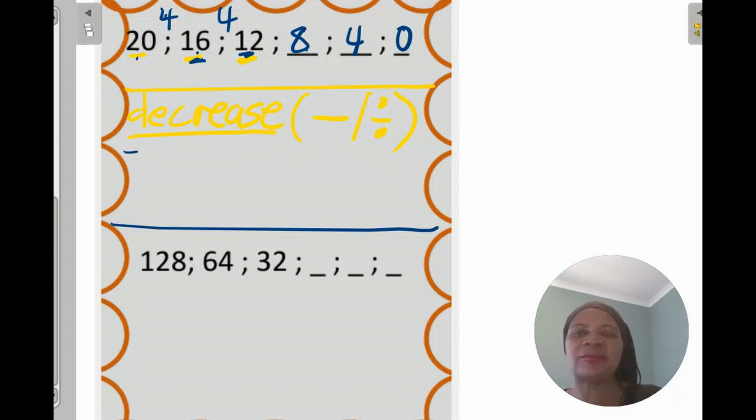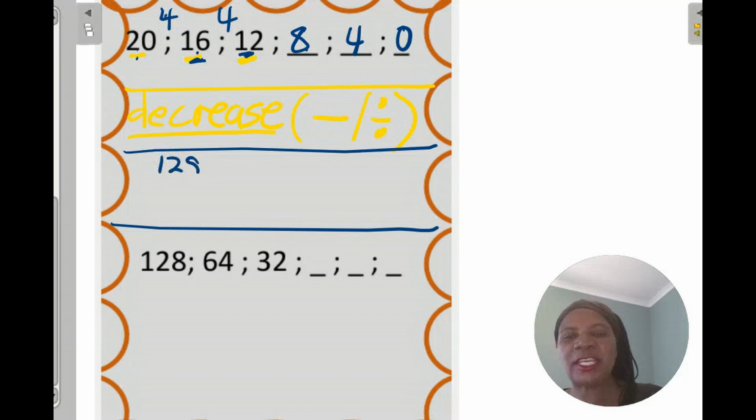Let's come to this one. Let me use this space here. So we'll have 128, 64, 32. If we take 128, we can see that they are decreasing. 128 minus 64, we'll say the difference here is 64.